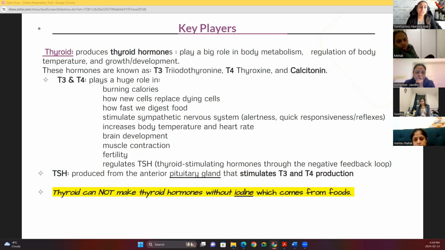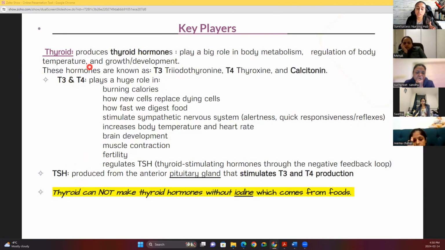And my T3, T4 is being produced by whom? TSH. I have the orders from my brain, and my brain is ordering it with the help of TSH. Usually when you see your thyroid report, sometimes you will see that my T3, T4 is good, but my TSH is high. TSH is high because your brain is giving too many orders to produce the T3, T4. All right, so that is the problem over here.